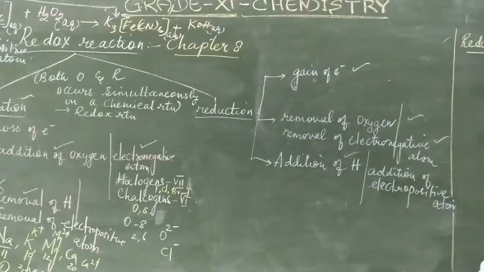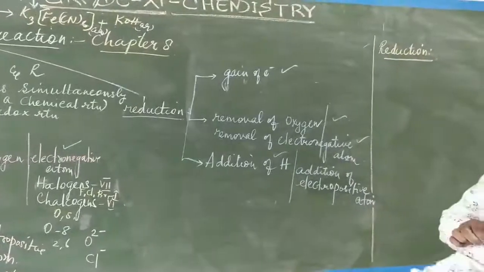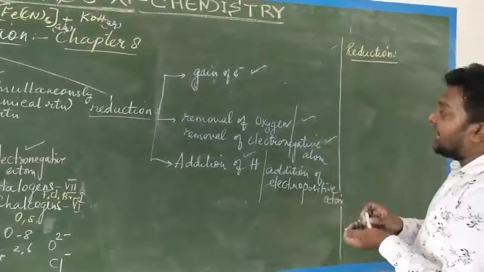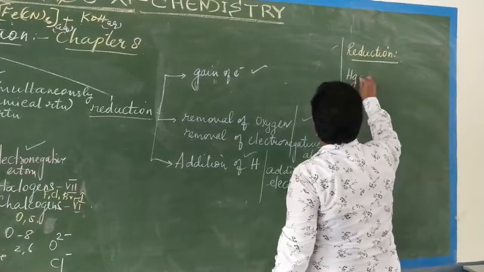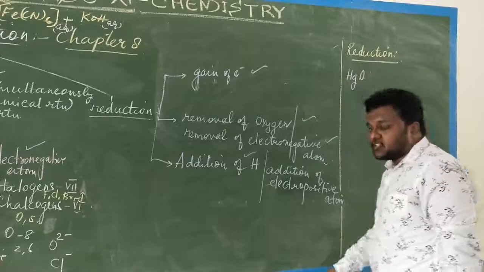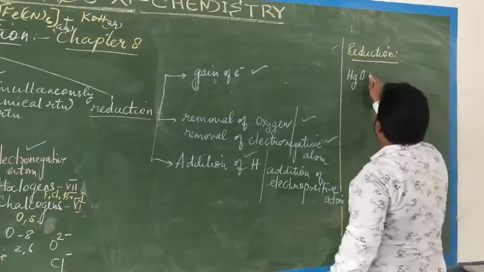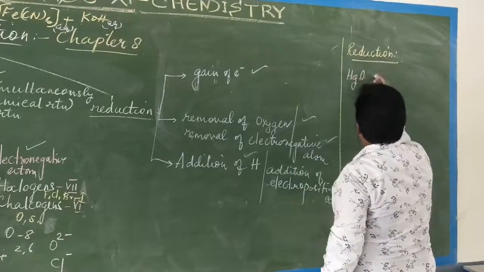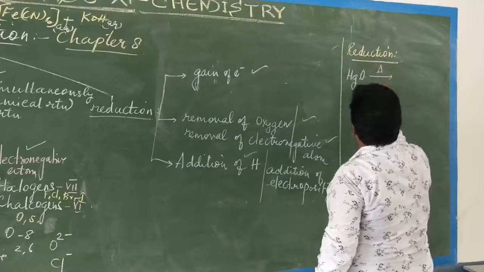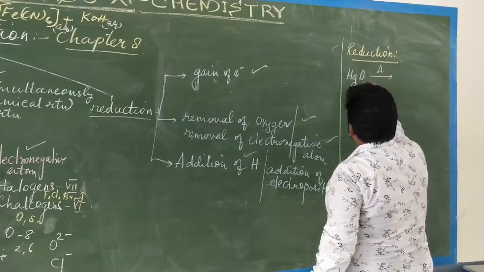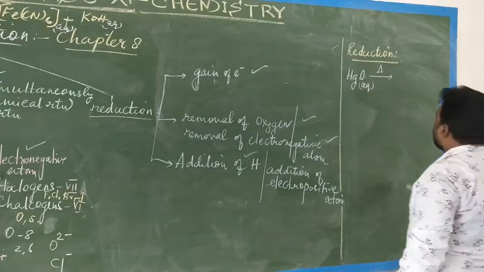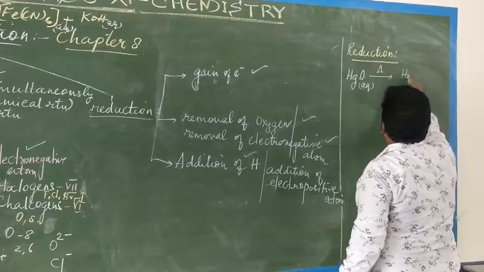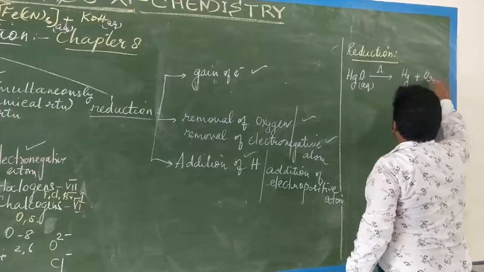So now we'll start with the oxygen reduction reaction. For reduction reaction, the very best example is mercuric oxide, HgO. When mercuric oxide is heated, it decomposes to give rise to the formation of mercury plus oxygen.